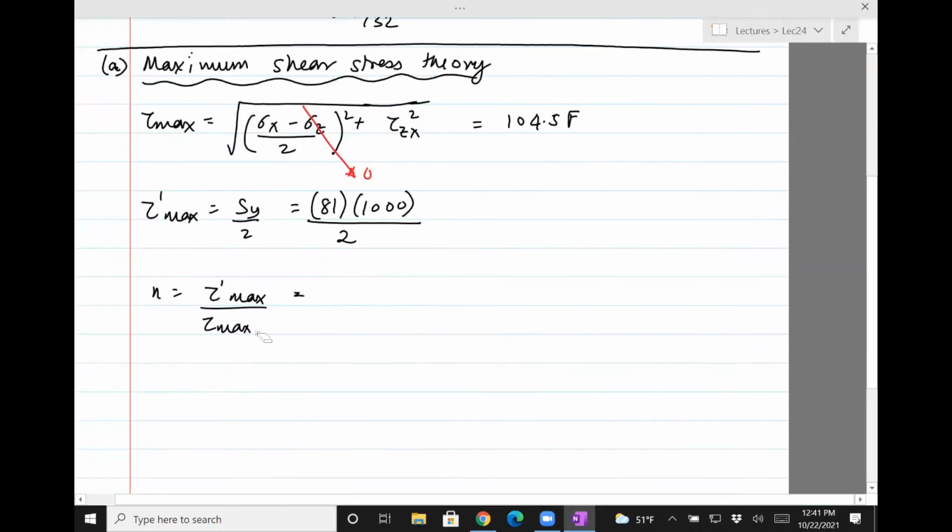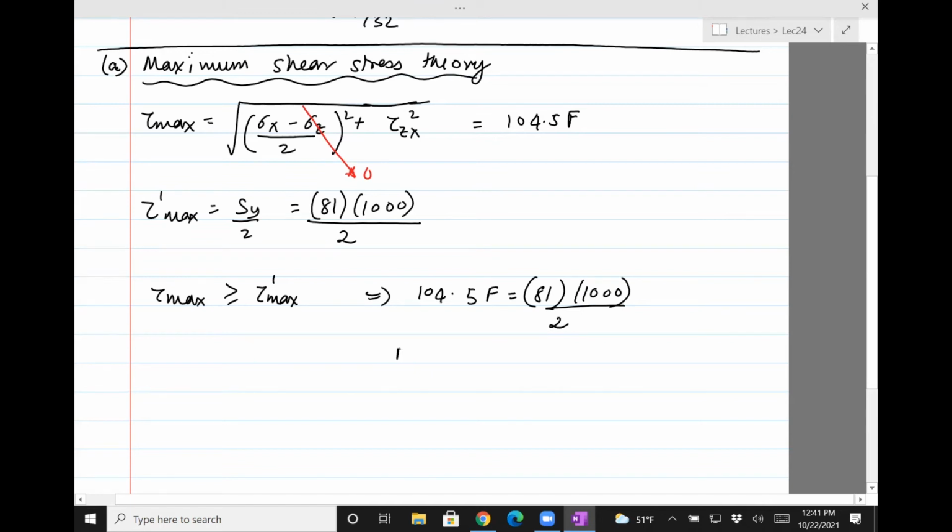Let me just write it. A better way to write this is that tau max greater than or equal to tau prime max is when failure occurs. So the factor of safety is 1 here. We'll take the equal sign and write 104.5 F equals 81 times 1,000 divided by 2, and that gives us F equals 388 lbf.